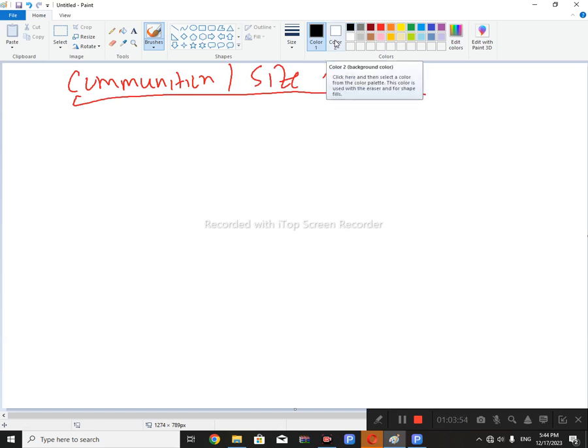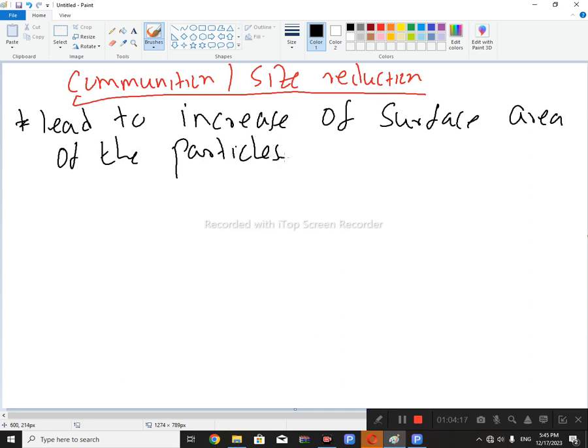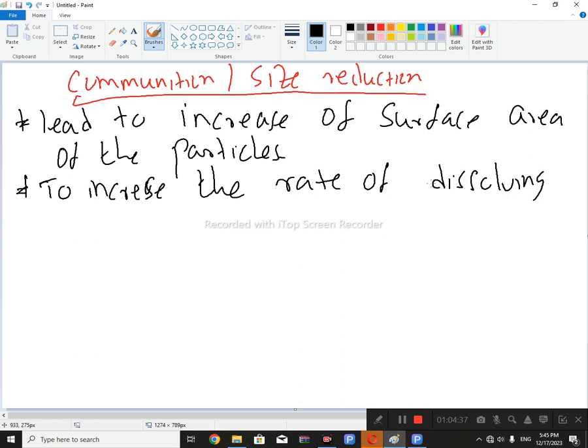Size reduction leads to increase of surface area of the particles, to increase the rate of dissolving of the drug.